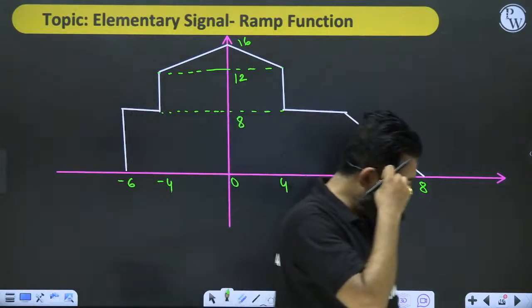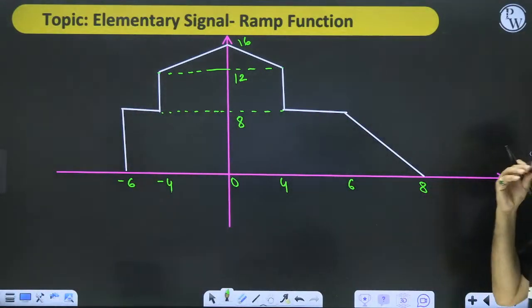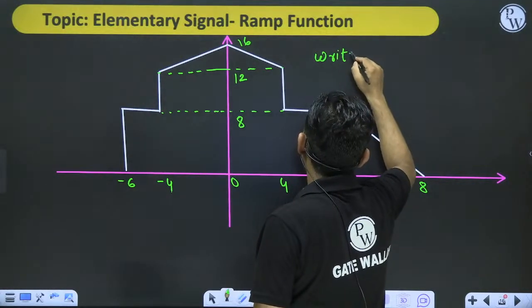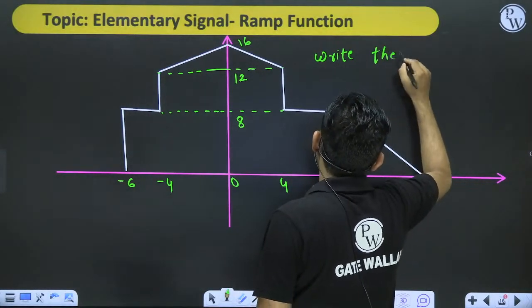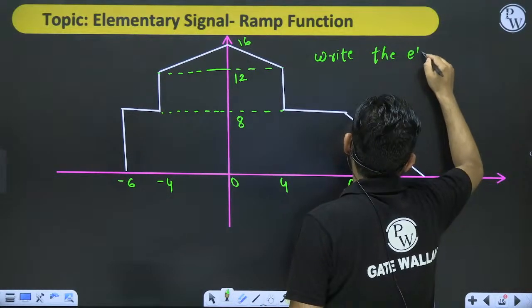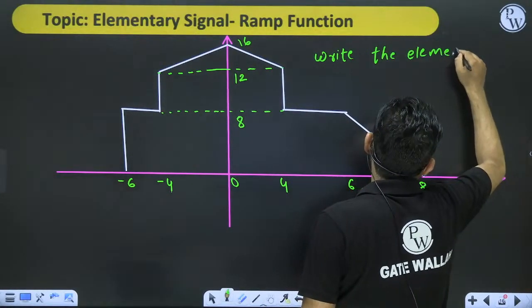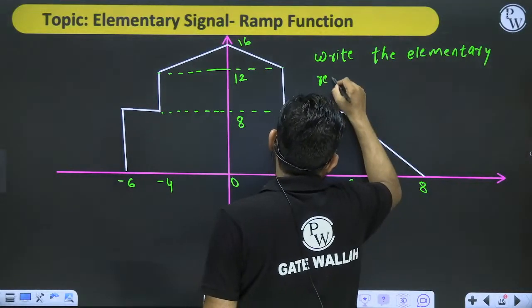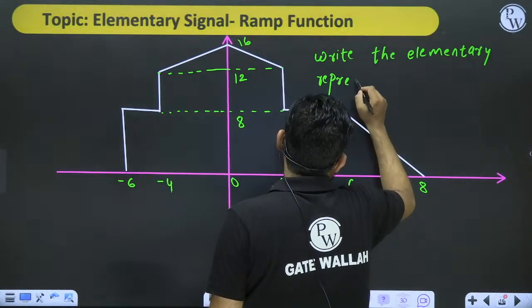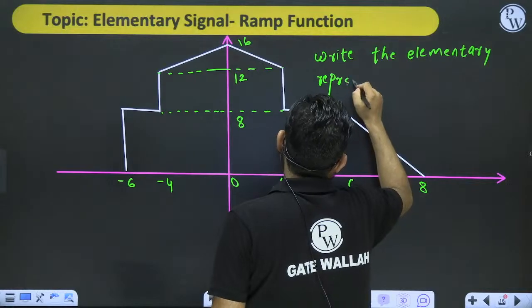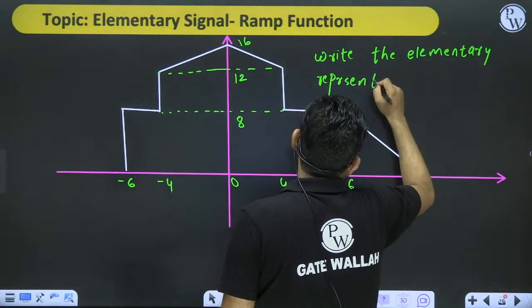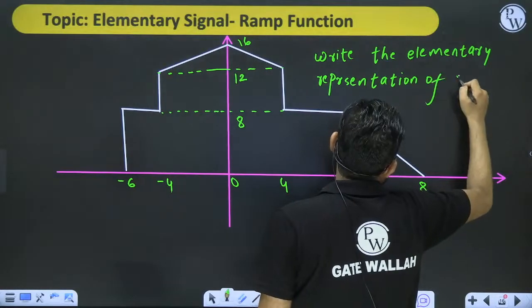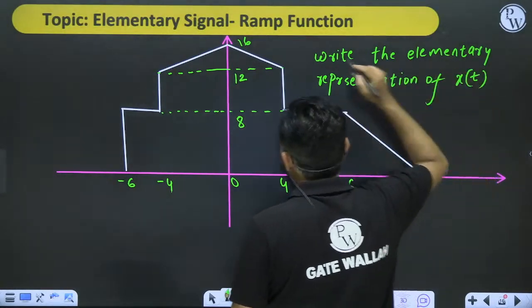Okay, I'm giving you 2 minutes. The question is: write the elementary representation of this x(t).